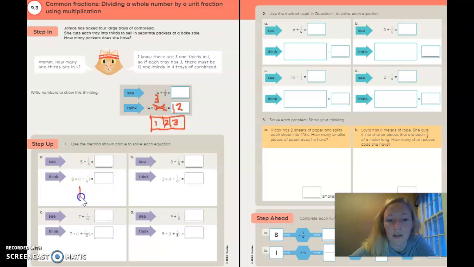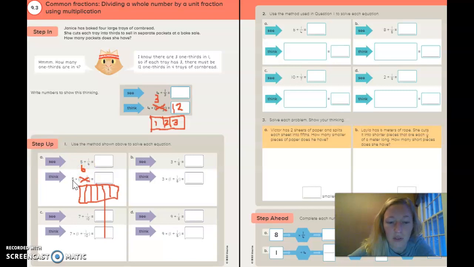So if you have one whole, and you're breaking it up into 6 different pieces, 1, 2, 3, 4, 5, 6. Okay, so how many pieces do you have there? Well, you have 6. So 1 divided by 1/6 is actually just 6.